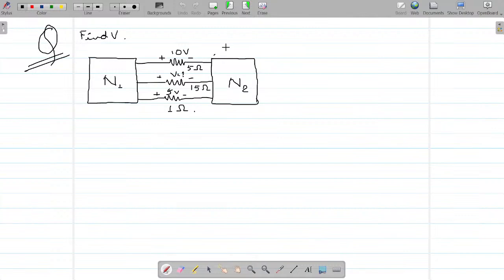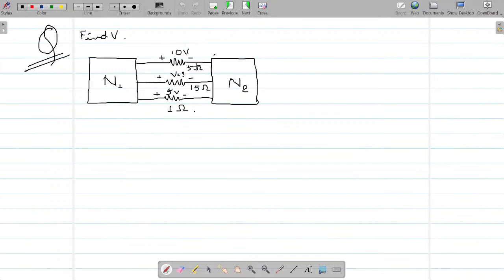Now look closely. The question asks you the potential in this 15 ohm resistor. What is given to you? There is a network N1, there is a network N2. There are 3 branches of resistors connecting them.